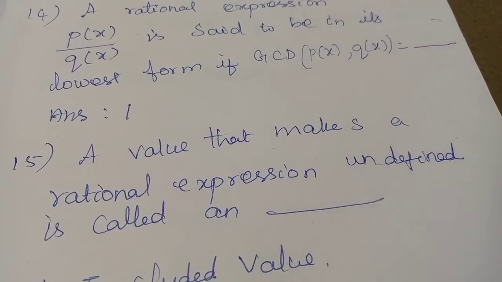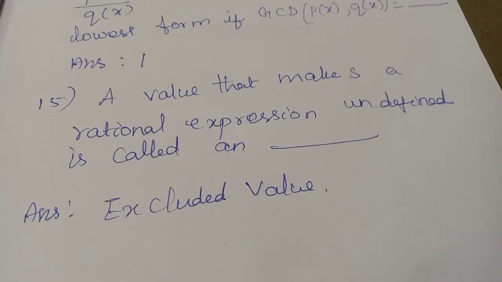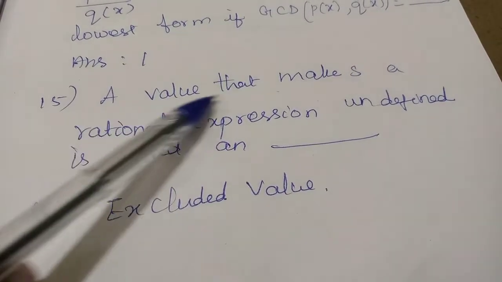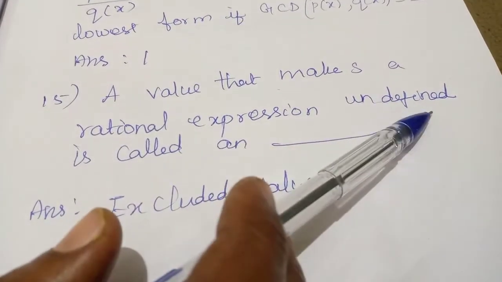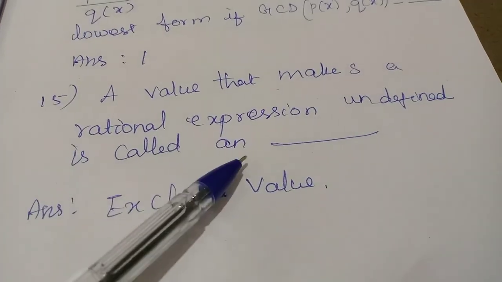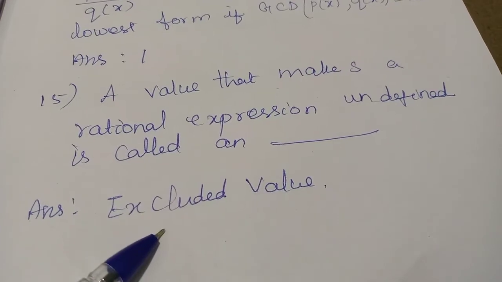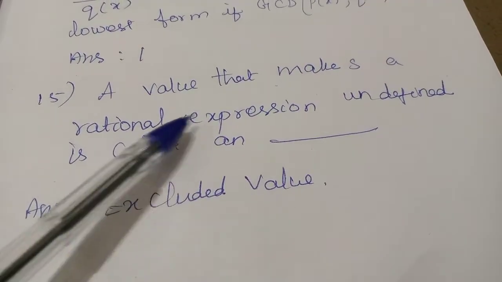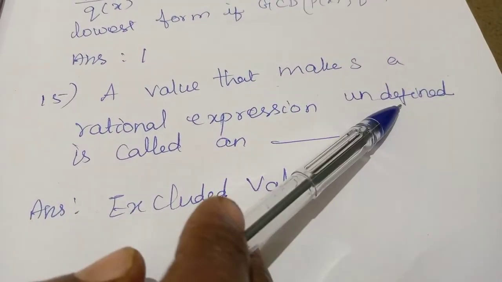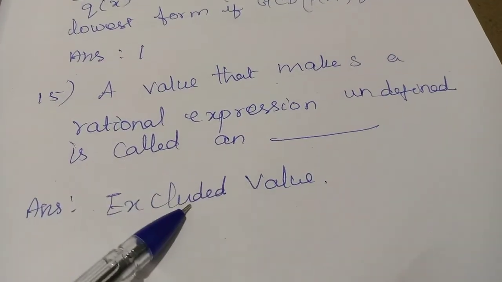The next question. A value that makes a rational expression undefined is called an excluded value.